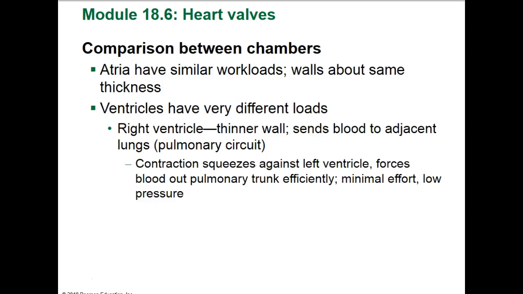But the ventricles have very different loads. The right ventricle has thinner walls. It sends blood to the adjacent lungs. It's not as hard to push it. The contraction squeezes against the left ventricle, and that forces blood out the pulmonary trunk quite efficiently. Not a lot of effort. It doesn't take a lot of pressure for that to happen.